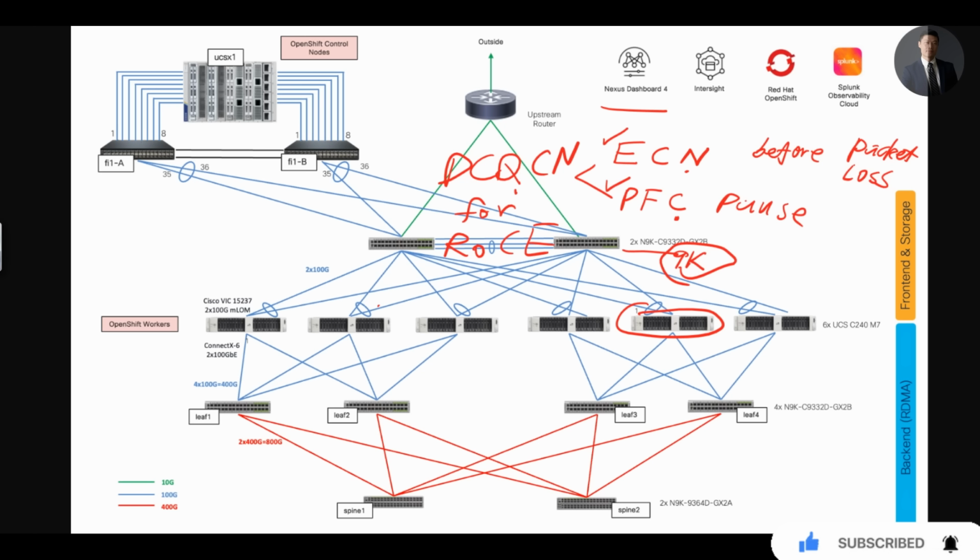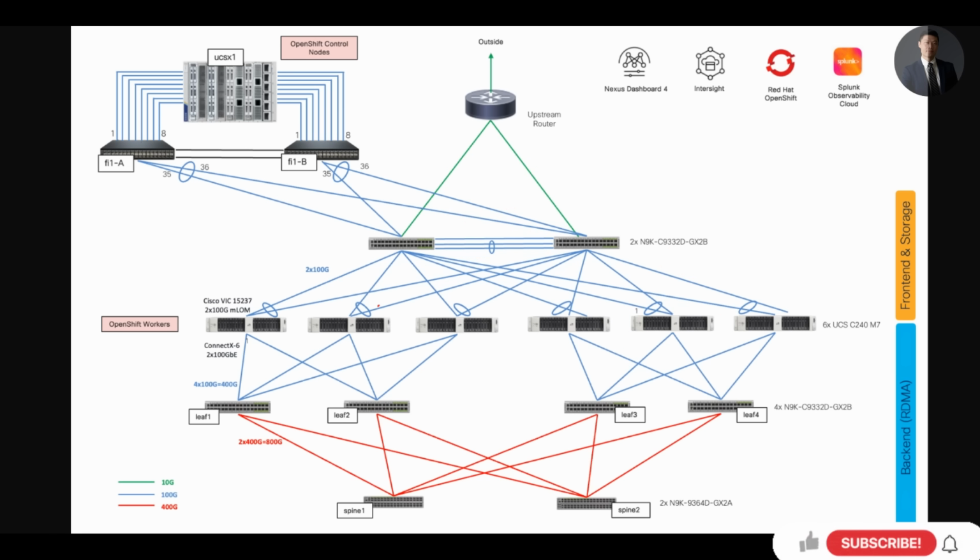Now let's talk about the details of ECN, explicit congestion notification. ECN helps manage congestion by marking the packets when congestion is detected.